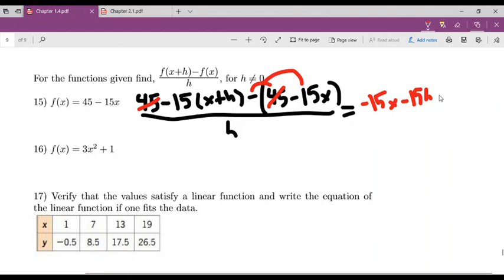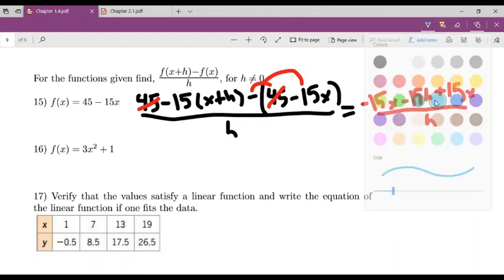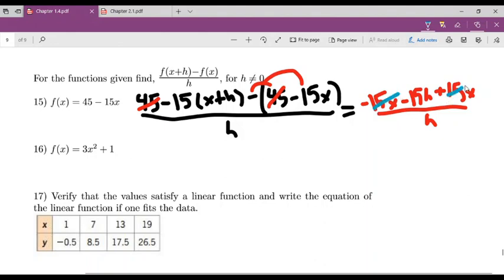Okay, minus a negative 15, so that winds up being a positive 15x, all over h. If you notice, if I change colors again, this cancels with this, and that h cancels with that h.